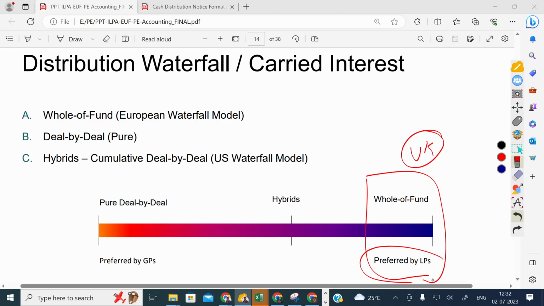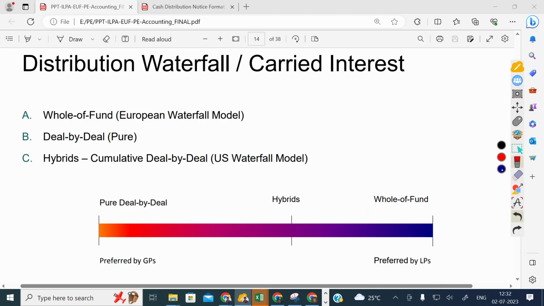If you see, preferred by LP, it means investors like this model, the whole deal model. So tell me the reason why investors like the whole deal model.